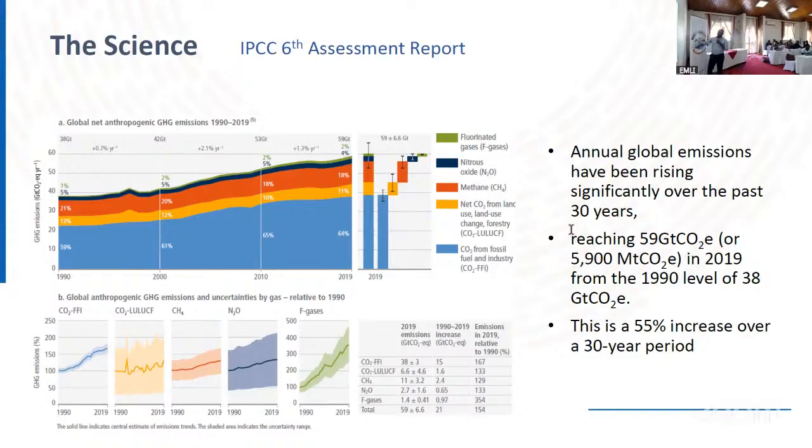So you can see that over a 30-year period, emissions increased by about 38 gigatons, which is an average of about 55% increase over the 30-year period.